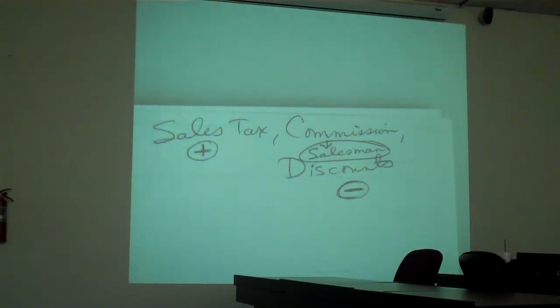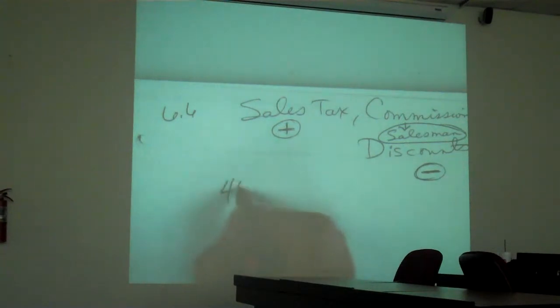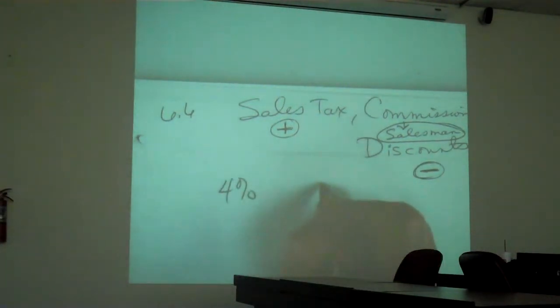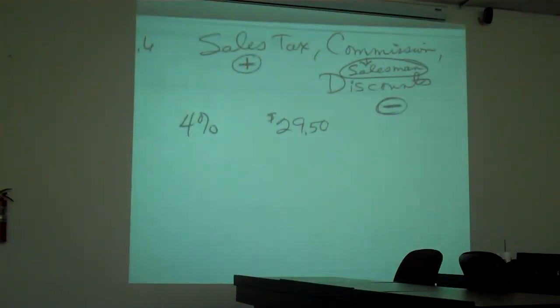Okay, so if it tells you that there is a tax, let's start out with a tax. If it just tells you the tax is 4%, and what you bought was $29.50, how much is the tax?